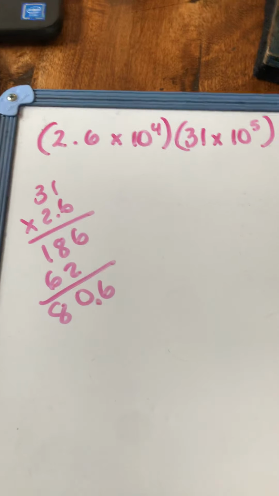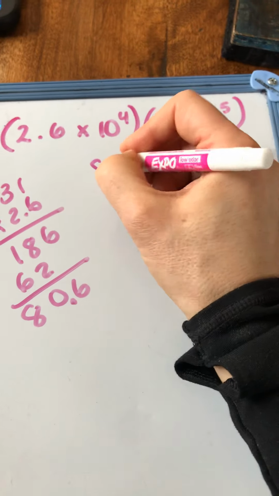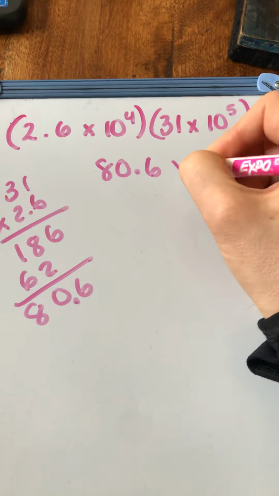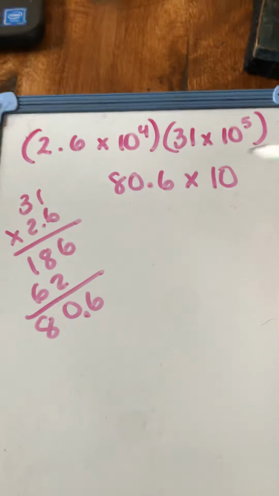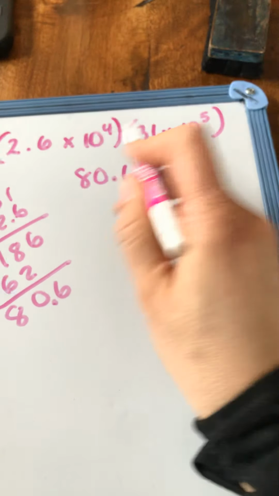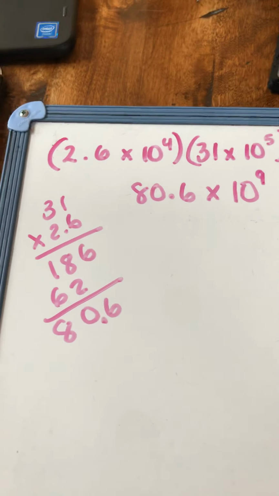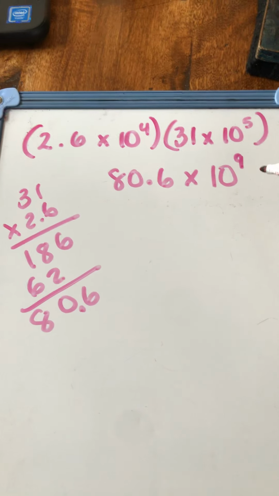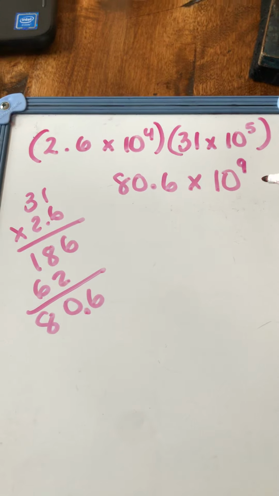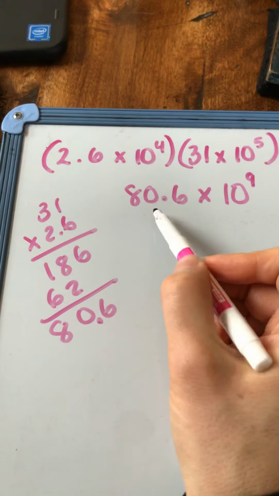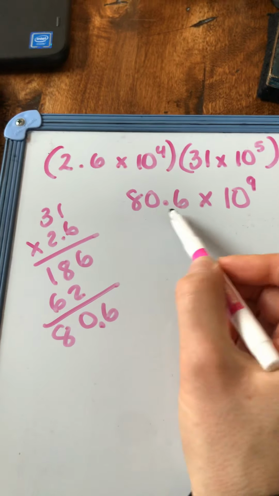So it'd be 80.6. So I have 80.6 times 10 to what power? Well, I have the same bases here. I'm going to add my exponents, 10 to the 9th. So I have this answer, but why isn't it considered scientific notation? It's because this first number is not a value between 1 and 10.